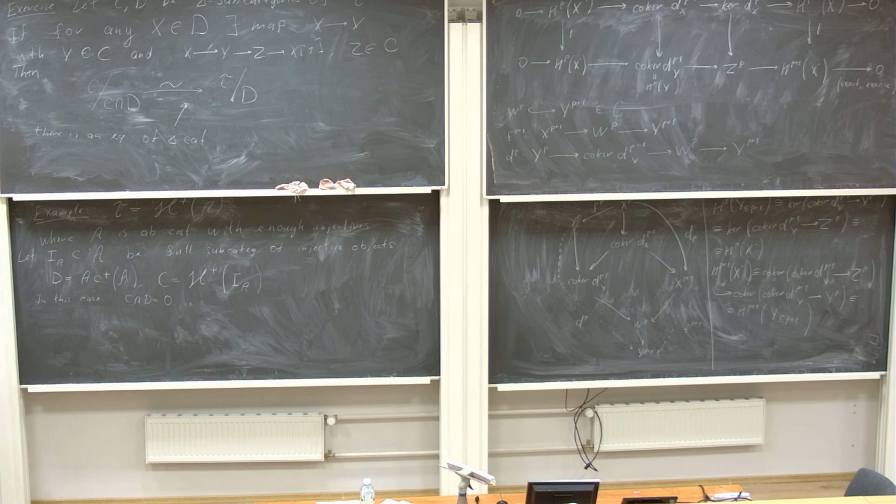Because it doesn't say anything about how C and D relate to the category. Oh, we definitely need to exclude the case that C is everything and D is 0, so we need non-trivial triangulated subcategories.